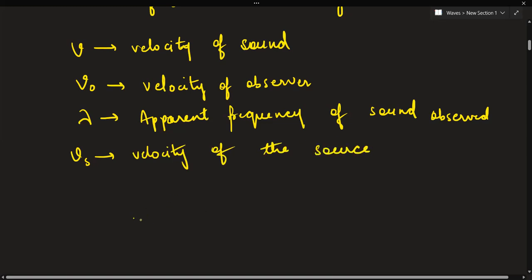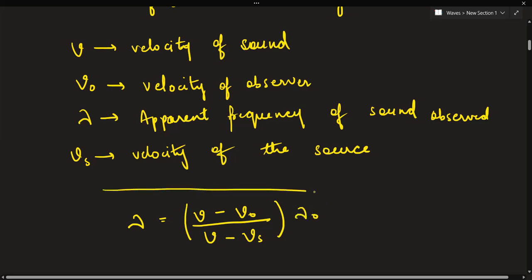So the final formula for the apparent frequency heard is V minus V naught divided by V minus Vs, this whole term multiplied by the frequency nu naught. This is the formula.